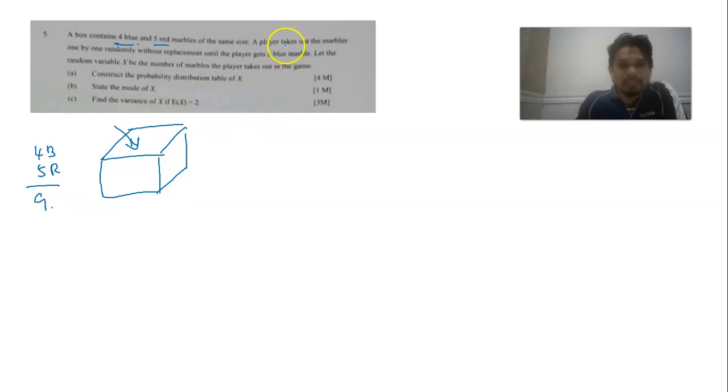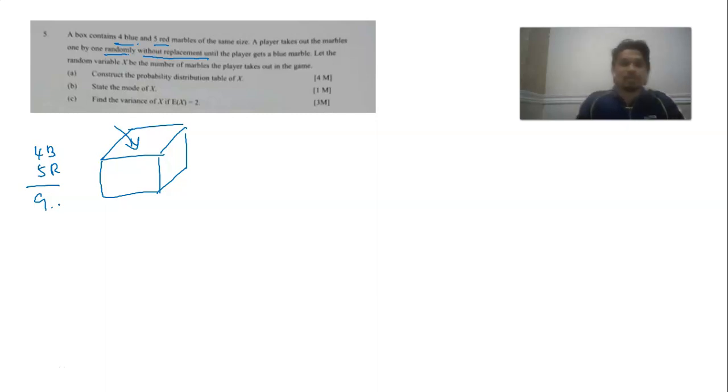A player takes out the marbles one by one randomly without replacement, meaning that if the person takes out one of the balls from the box, he shows it to the public and puts it aside. Then when he picks a second time, the number of balls inside the box has reduced by 1. The first time he picks, there are 9 balls inside. The second time, it will become 8, and next is 7, and so on.